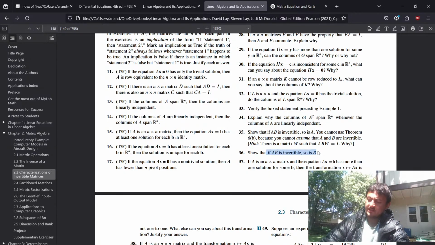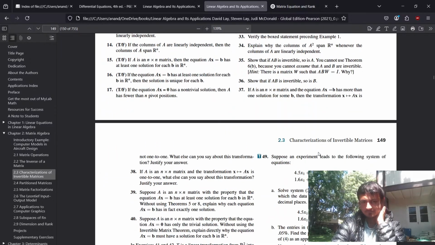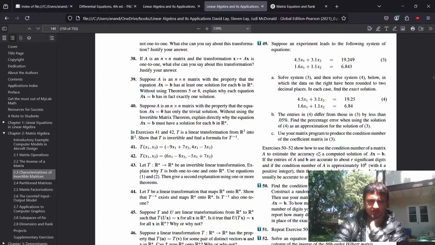C times AB is equal to I. Then CA times B, by associativity, is equal to I. So then DB is equal to I. So then B is equal to D inverse, and D is equal to B inverse, something like that. Okay, how many more of these do we want to do?